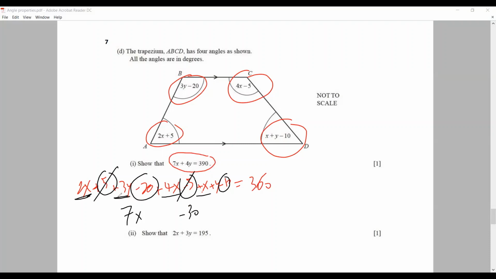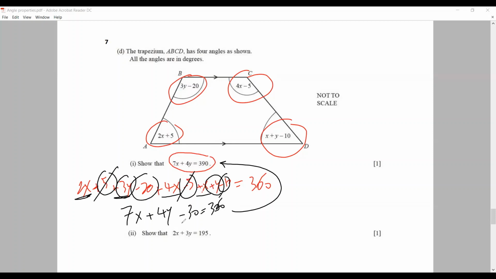And then for y, we have one here, another one there, so that is 4y. That should be equal to 360. You bring 30 to the other side, and you get 7x plus 4y equals 390.